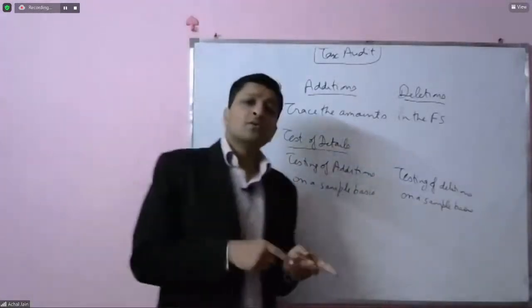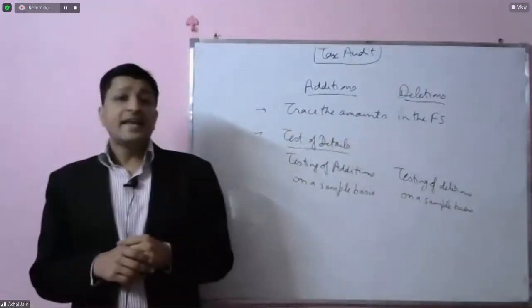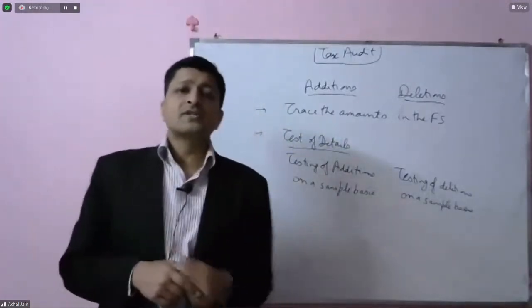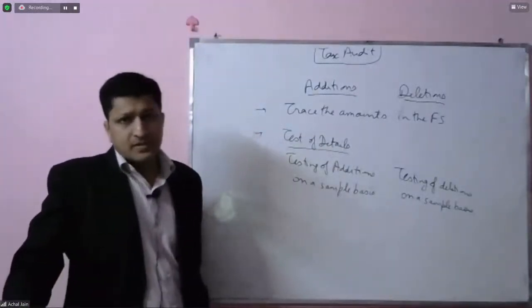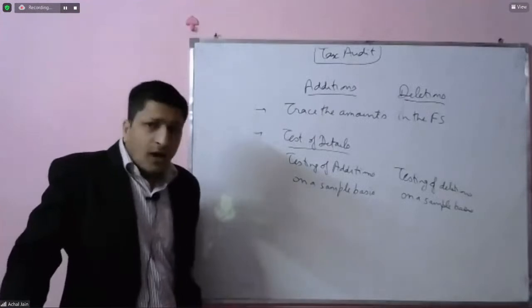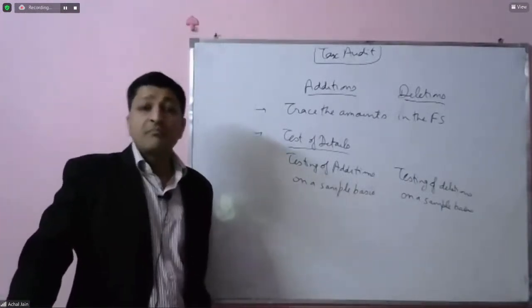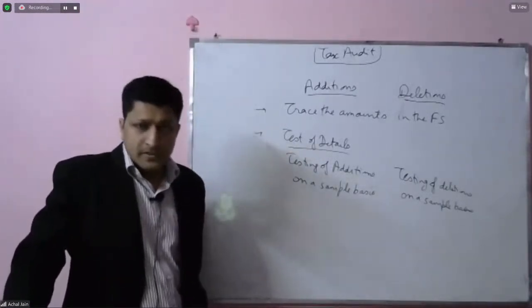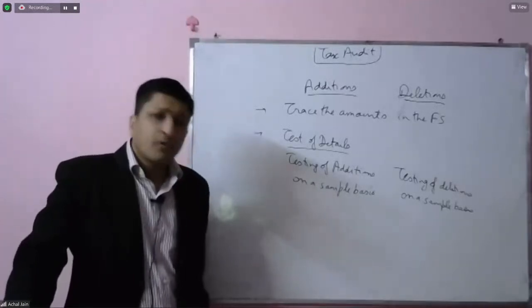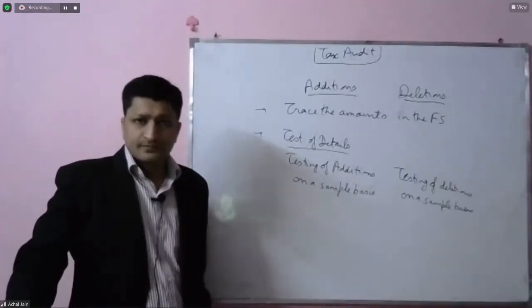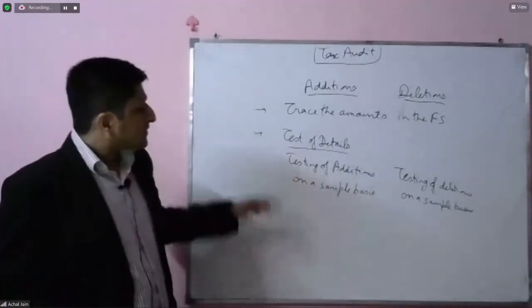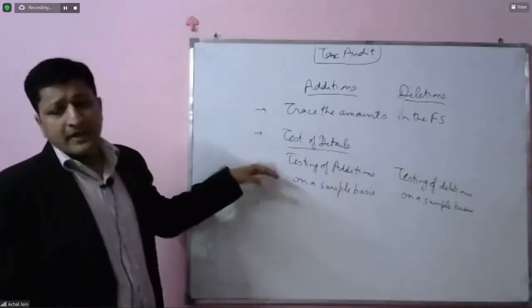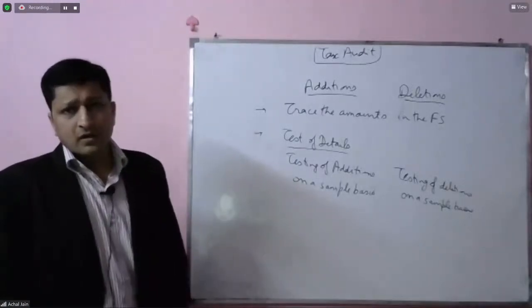Because during the course of statutory audit, he would not have performed the testing of each and every addition. That must be on a sample basis. And now during the course of tax audit, he may want to look at some more samples because his perspective over here is different. So that's why we are saying that this will still be performed depending on the comfort level of the auditor.